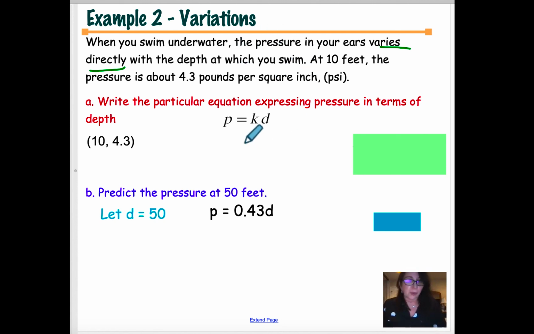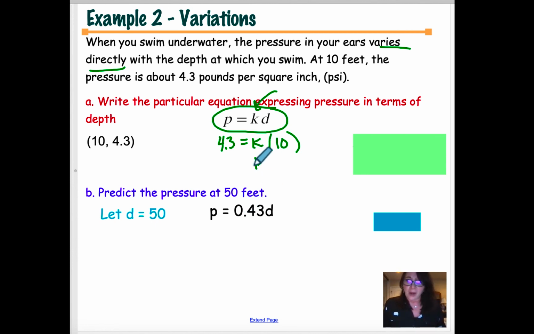So for this first problem, it just says write the particular equation. So we have to find the equation. This right here is not the actual equation because we have a constant we don't know. So you're going to plug this value into the equation. You've got P, which is 4.3, is equal to K times D, my distance, which is 10 feet down.